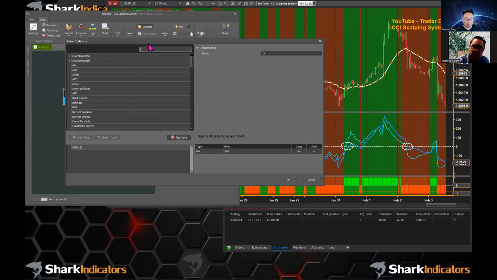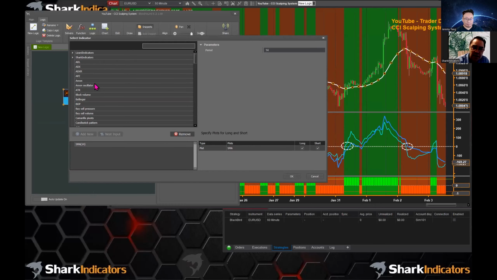What opens up is an indicator selector window. And this again is what makes Bloodhound so unique compared to anything out there. You can see every NinjaTrader indicator that's installed here, and even some third-party ones.